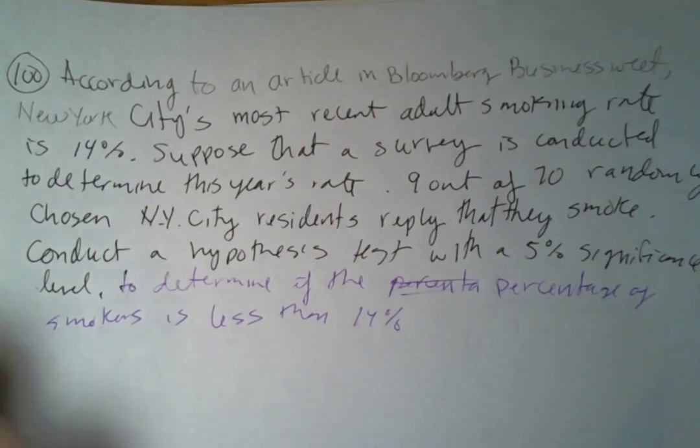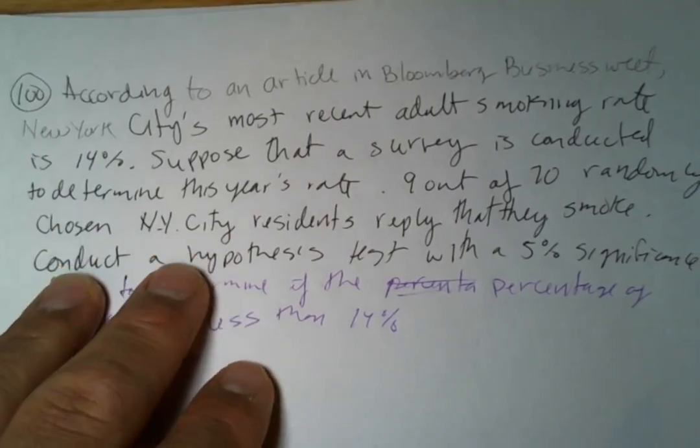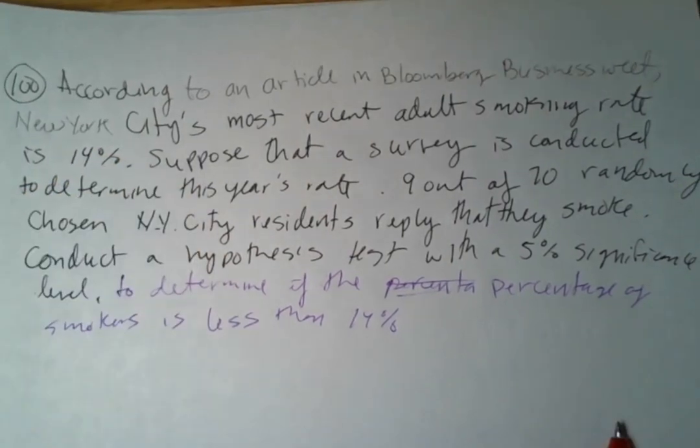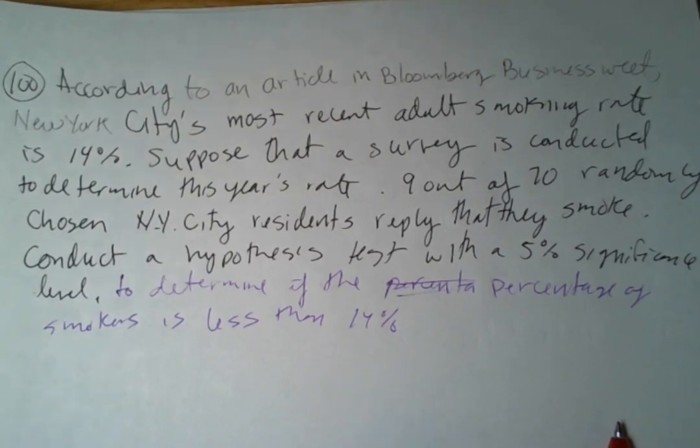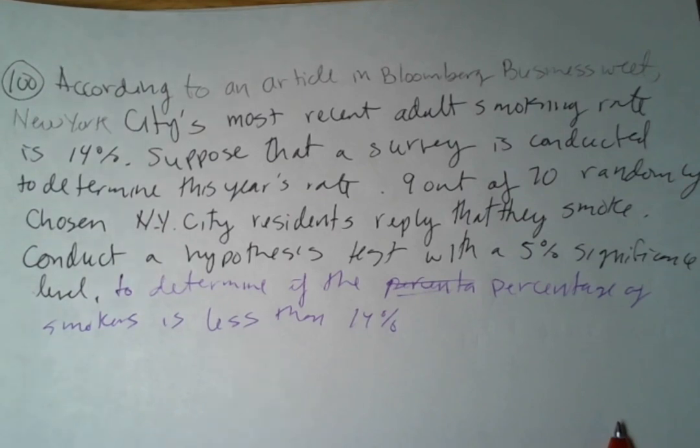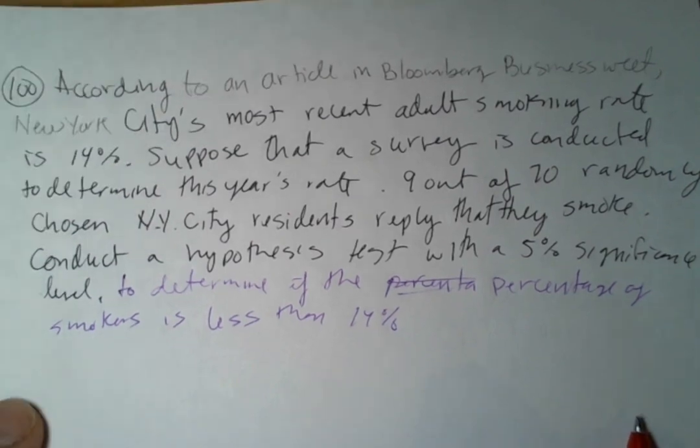In this framework we have two options. Each individual represents a trial, where we ask them, do they smoke? A success in the trial would be that they say yes, they do smoke, and a failure would be that they do not smoke.